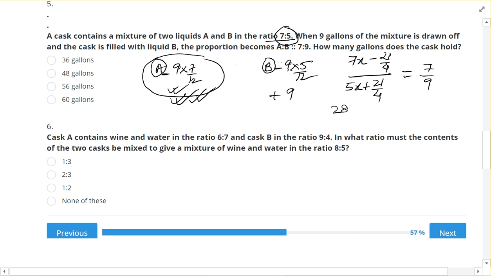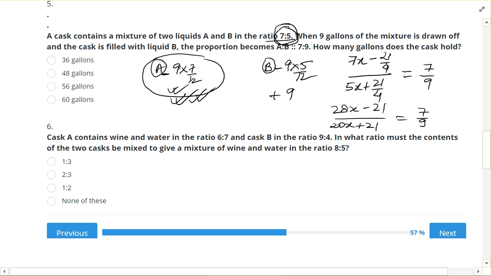So 28x minus 21 by 20x plus 21 is equal to 7 upon 9. This is your equation. You have to solve it. You will find x. How many gallons does the cask hold? Just like the previous question, 7 plus 5, that's 12x. You will multiply x by 12 and you will get your answer.